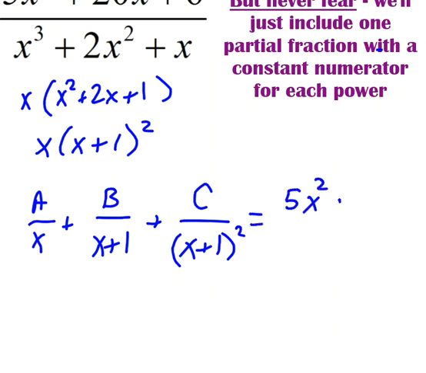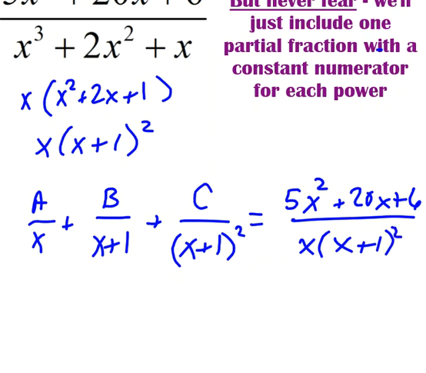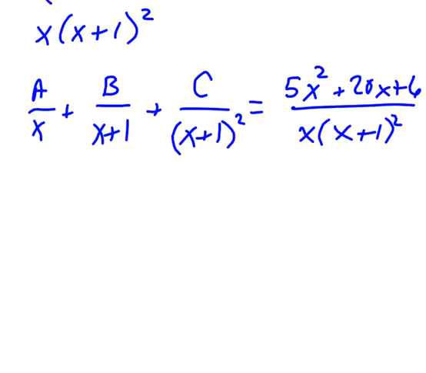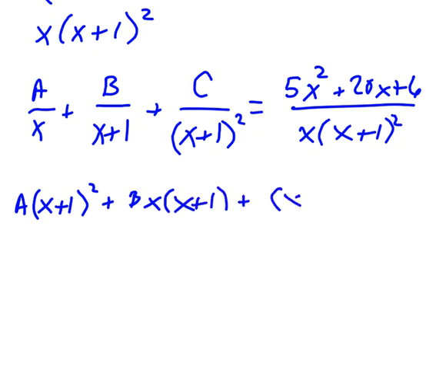My strategy is going to be exactly the same as it was just plus x. I'll still multiply everything by x times the quantity x plus 1 squared. So we'll be left with a times x plus 1 squared plus b times x times x plus 1 plus c times x.